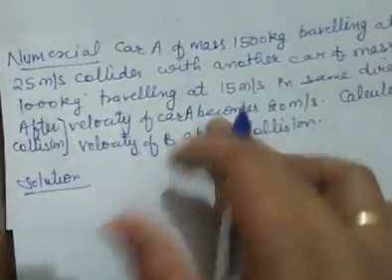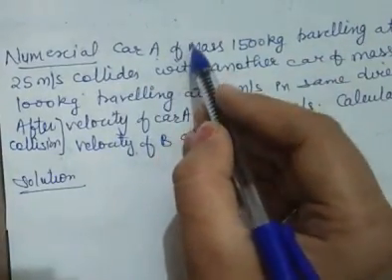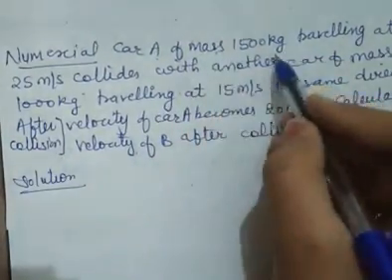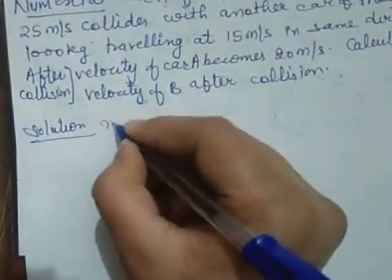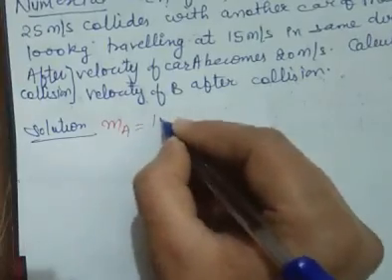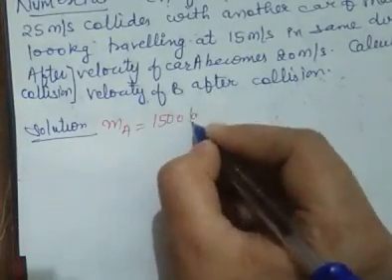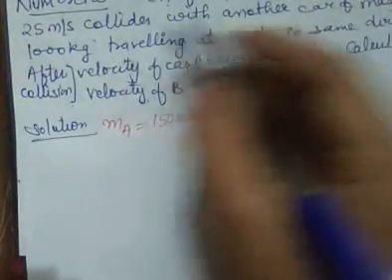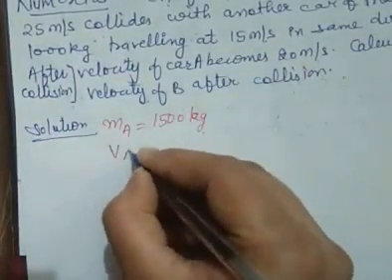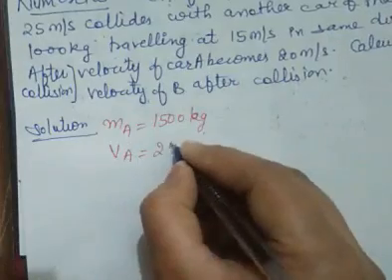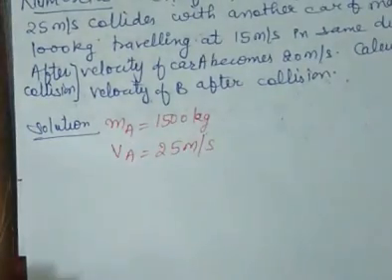Okay students, and next numerical is car A of mass 1500 kilogram. It means mass of car A is 1500 kilogram traveling at 25 meter per second. Velocity is 25 meter per second.